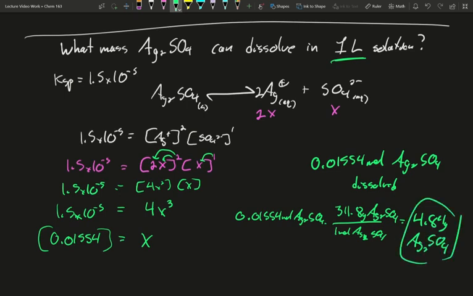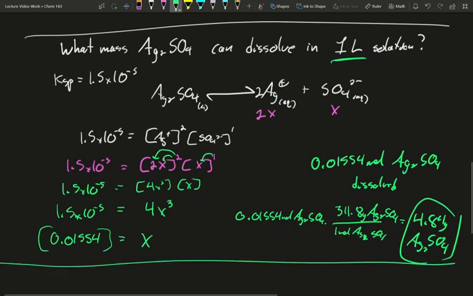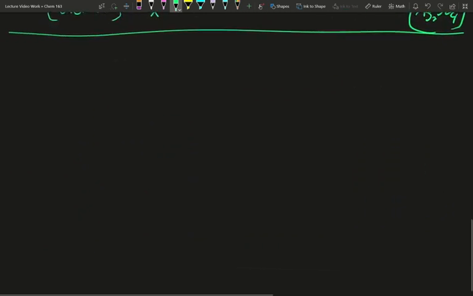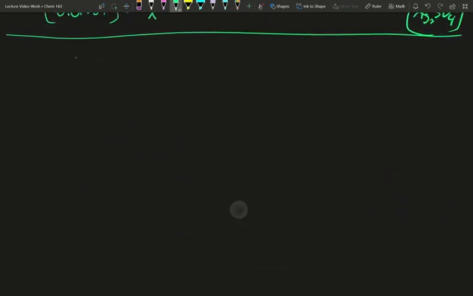So if there's a solid silver sulfate source and a liter of water over it and time is given for it to dissolve till it reaches equilibrium, 4.8 grams of that silver sulfate will have dissolved. Let's try a second one. Let's do a slightly different chemical. AgCl. So silver chloride.